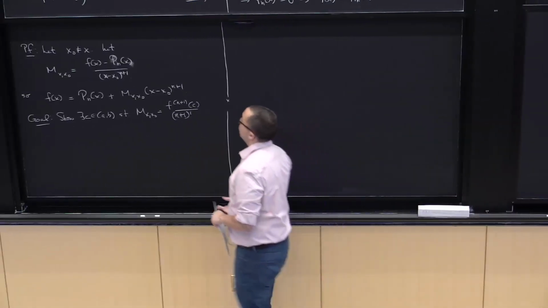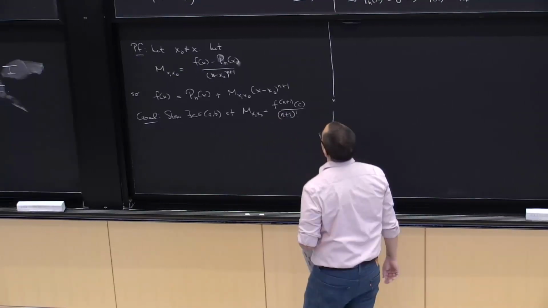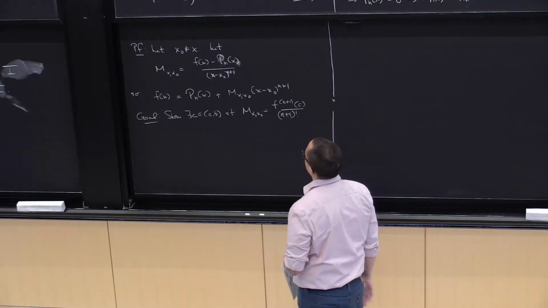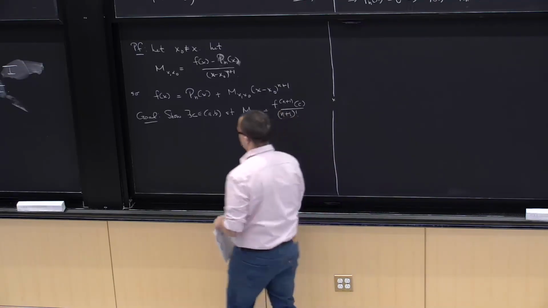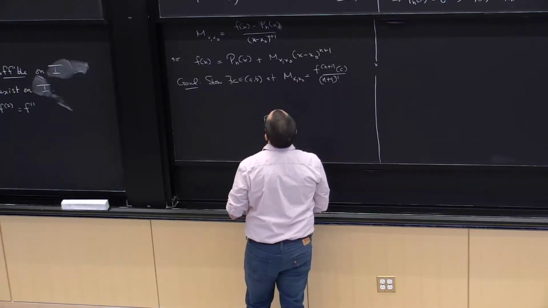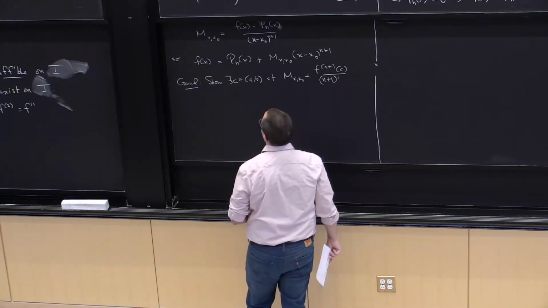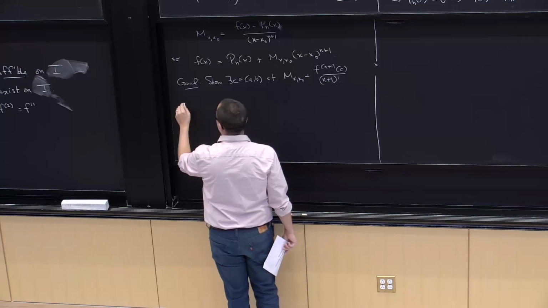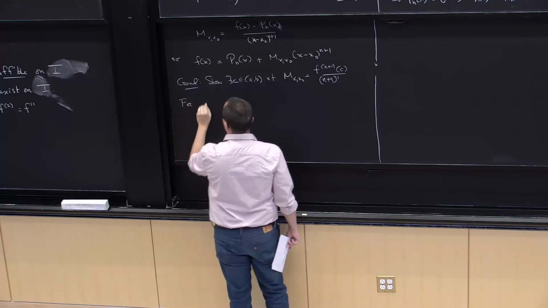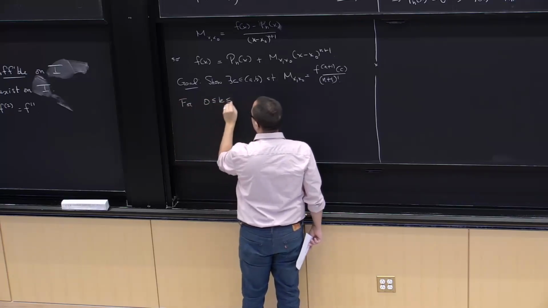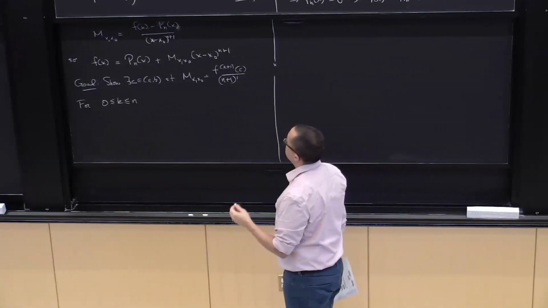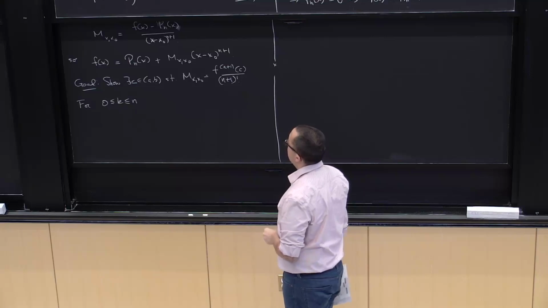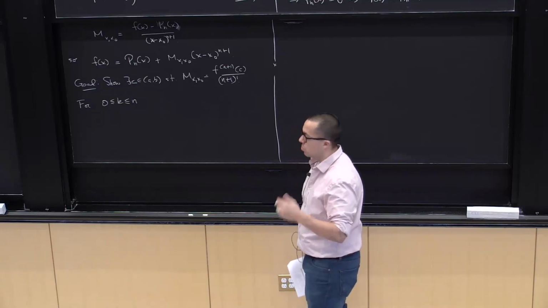Okay, so now what is the defining characteristic of this nth order Taylor polynomial evaluated with respect to x0? Well, the point is that this Taylor polynomial agrees with f at x0 up to nth order, up to n derivatives.